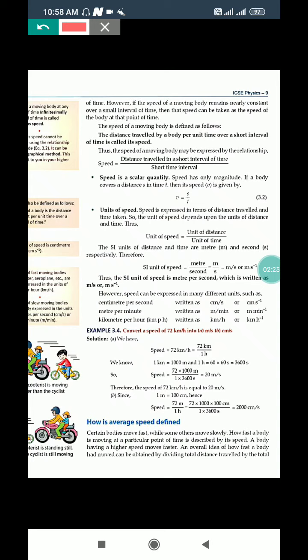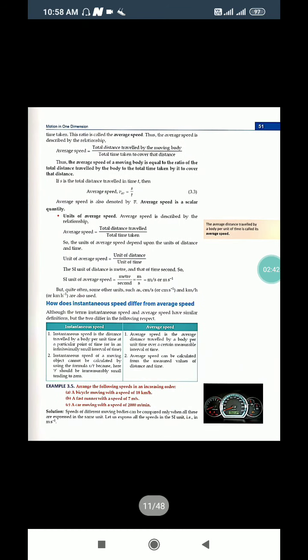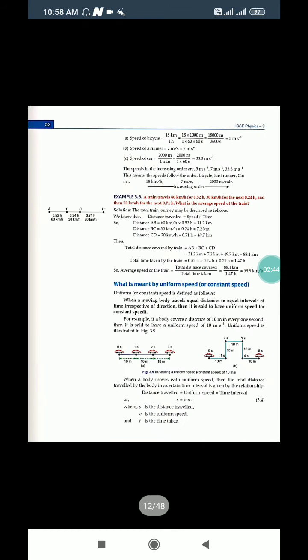Now, what is uniform speed? A body is said to be moving with uniform speed if it covers equal distance in equal interval of time throughout its motion.